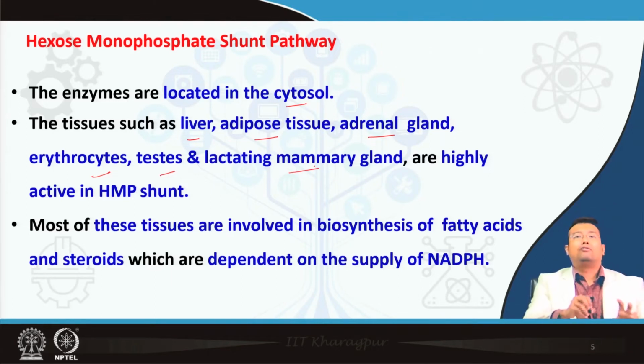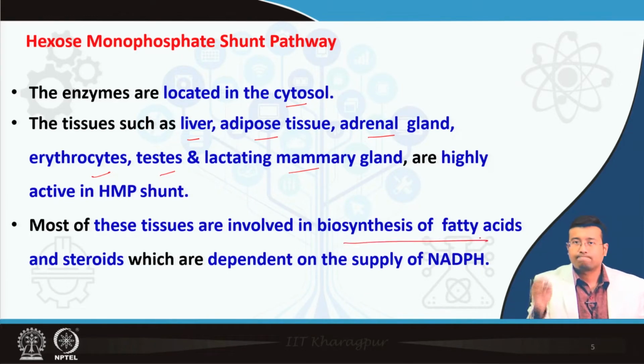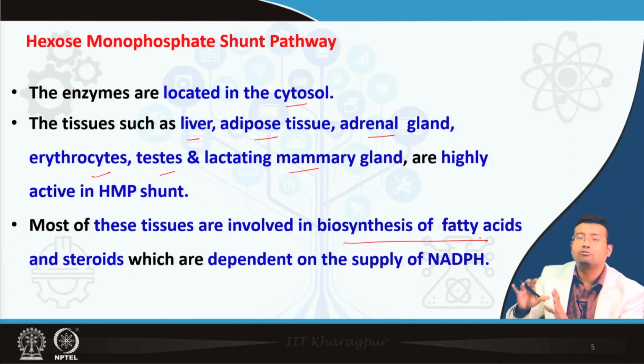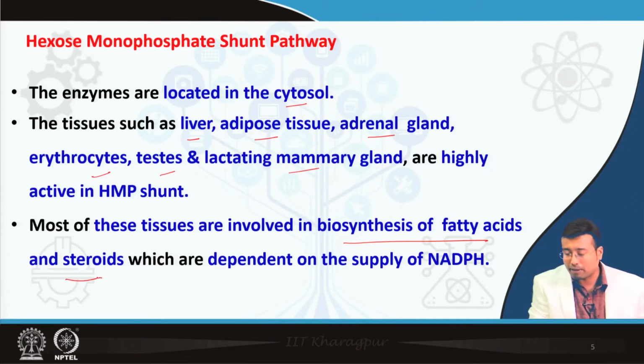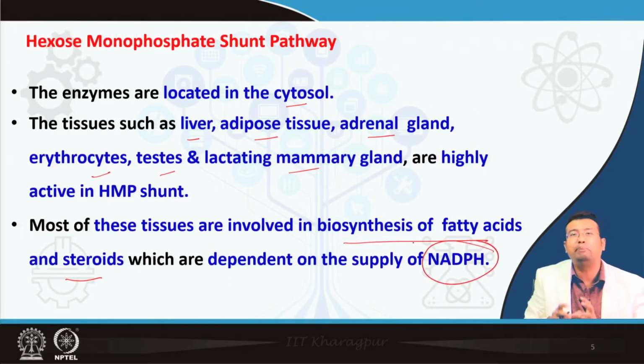So, why is it important in these tissues? Because most of these tissues are involved in fatty acid biosynthesis, a topic that will be covered later when we are dealing with lipid metabolism. It helps in biosynthesis of fatty acid and steroid, which is dependent on the supply of NADPH. And I told you, whenever we need NADPH, we need HMP shunt.